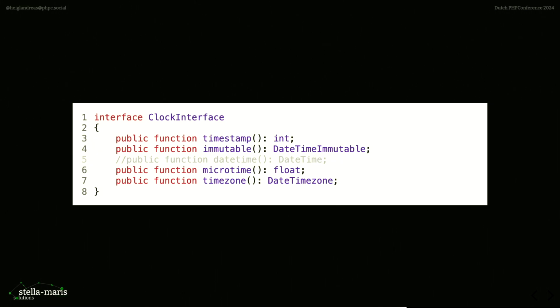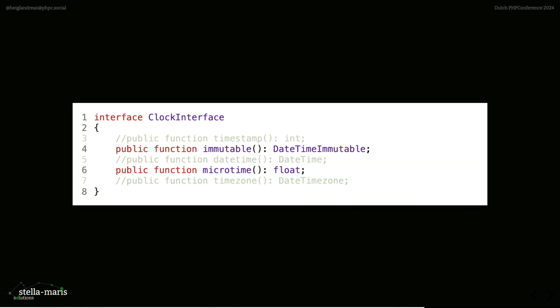So for me, the first thing was, if we are going to do that, we should definitely not have that. We should only use datetime immutable. Also, the time zone is already part of the datetime immutable object, so why do we need a separate method for that? No reason, because we can just get the datetime immutable object and fetch the time zone from there.